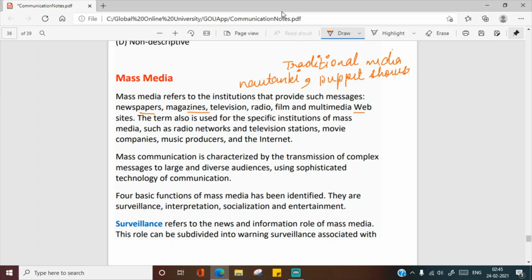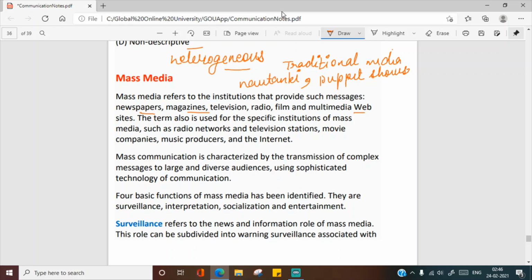When we want to communicate with a large audience, we use mass media. And the important factor is that the people are heterogeneous. What is the meaning of heterogeneous? It means that the same type of people are not there.